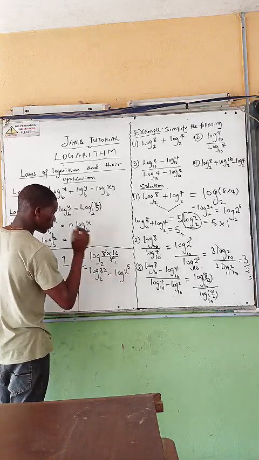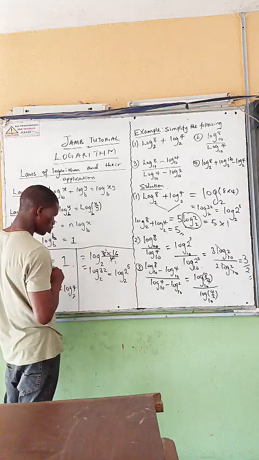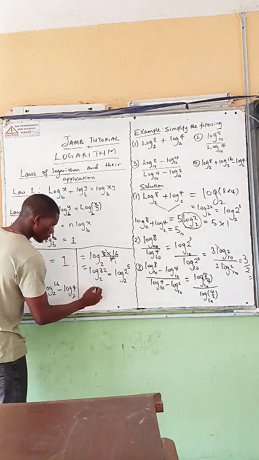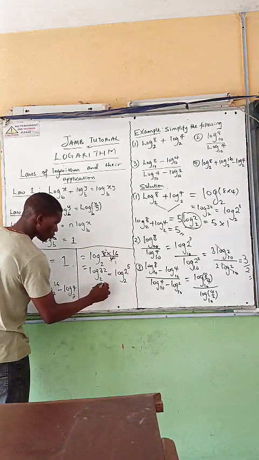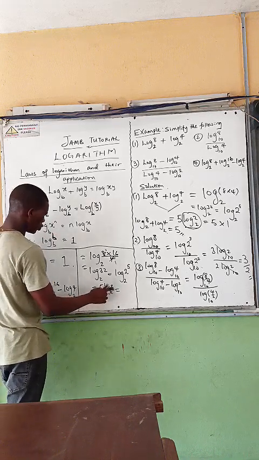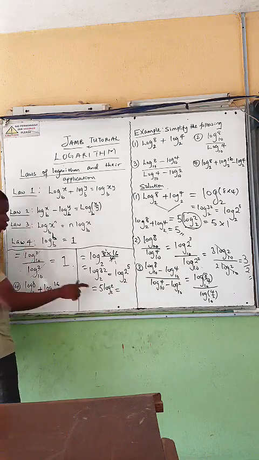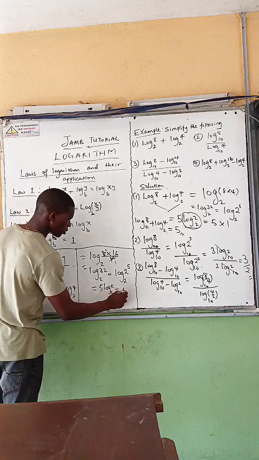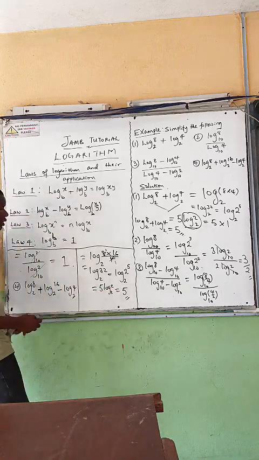That's what 32 is in base 2. So we have 5 log 2 to base 2. And we know that log 2 to base 2, according to this rule, is 1. So 5 times 1 is 5. So that is the answer to question 4.